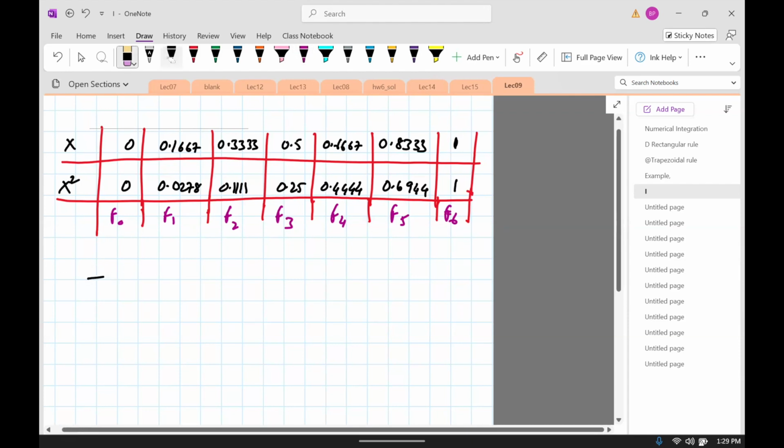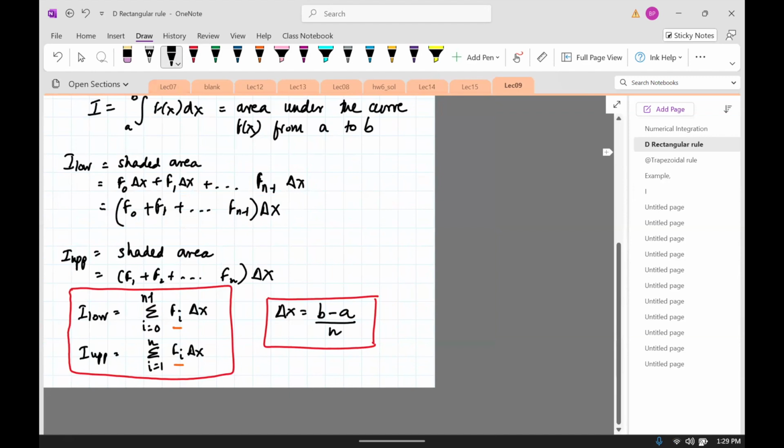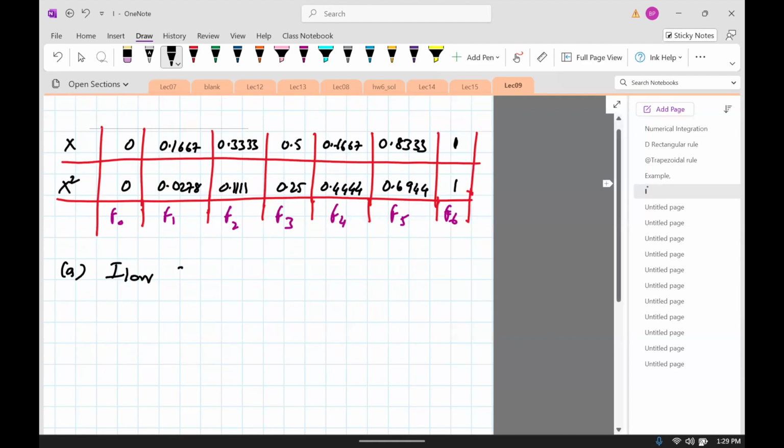So part A, I lower bound. The rectangular rule, we need to sum from 0 to n minus 1, n being 6, so 0 to 5. Fi dx.